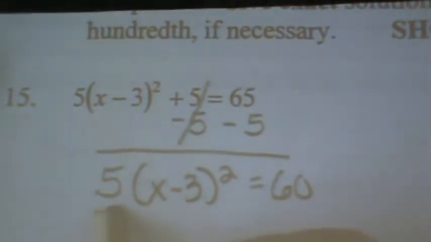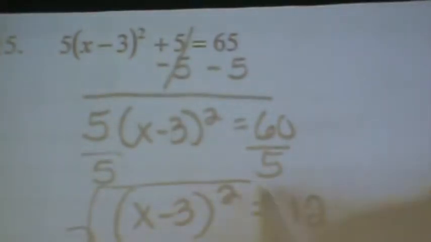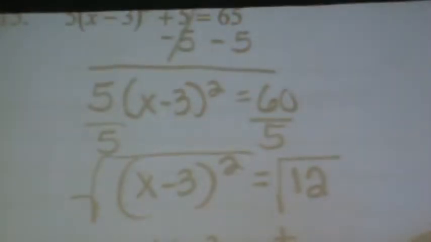Divide by 5, both sides. And you get what? 12, right? Then what? Is this coming back to you guys now? Take the square root of both sides. And then what? What do I write here? Plus or minus.